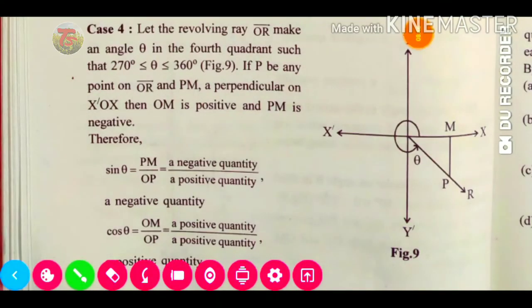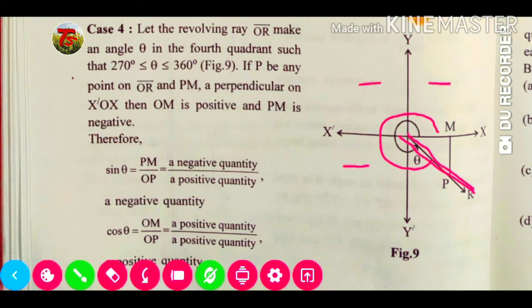If the revolving ray OR is making angle theta in the fourth quadrant, then it is 90 degrees plus 90 degrees, 180 degrees plus 90 degrees, 270 degrees. So 270 degrees is less than or equal to theta, which is less than or equal to 360 degrees, because the complete angle is 360 degrees.